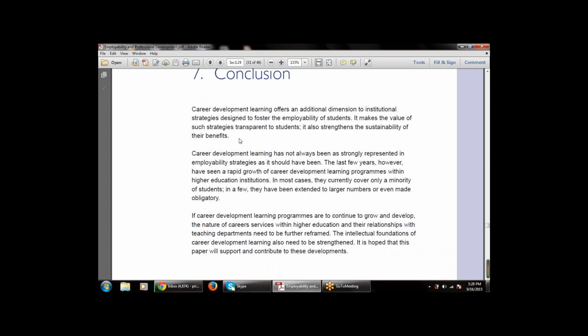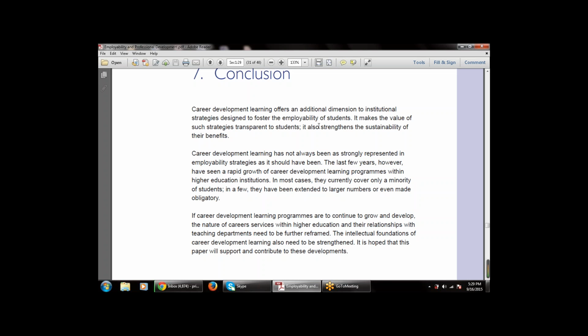The first paragraph says career development learning offers an additional dimension to the institutional strategies, an additional growth to the institutional strategies that are designed to foster the employability of the student. Whatever place they are employed or working, career development planning is designed to foster and increase the employability of the students.